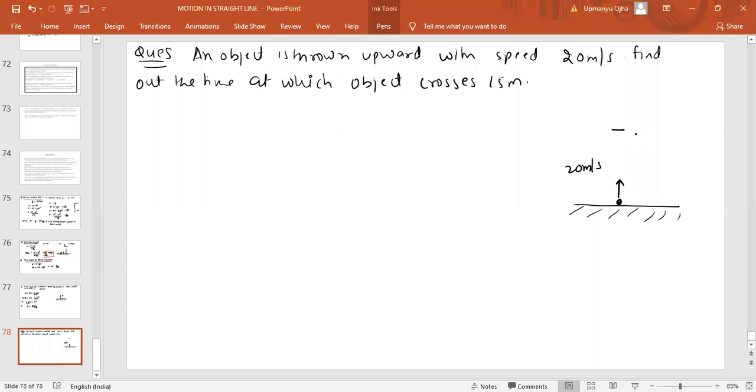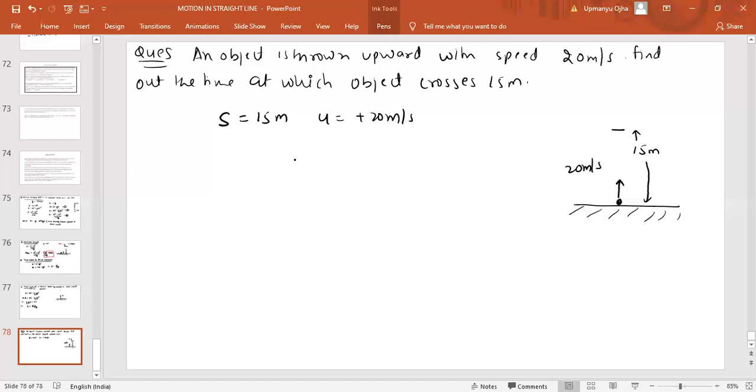Find the time when this object will cross the 15-meter height. The data given to us: displacement s is 15 meters, and initial velocity is plus 20 meter per second.